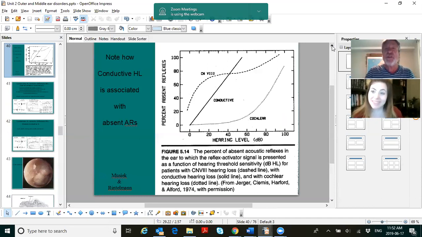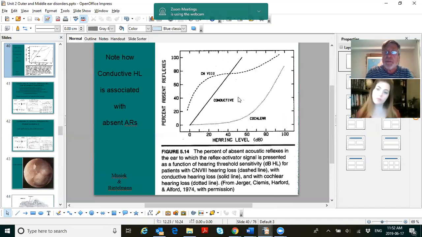Anyhow, look at this. This is an important one to keep from your Unit 1, from your outer ear pathology and middle ear 1. But you can also think about this as being part of Unit 2 as well. What you're looking at is degree of hearing loss. Okay? And now look at percent of absent acoustic reflexes. Now look at conductive.